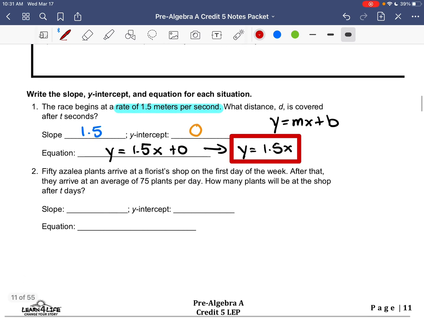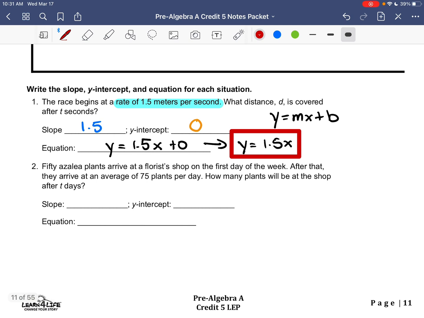Okay, looking at question 2, we have 50 azalea plants arriving at a florist shop on the first day of the week. After that, they arrive at an average of 75 plants per day. How many plants will be at the shop after t days? So we're looking at 2 things. What do we have at the beginning? We have 50 azalea plants.